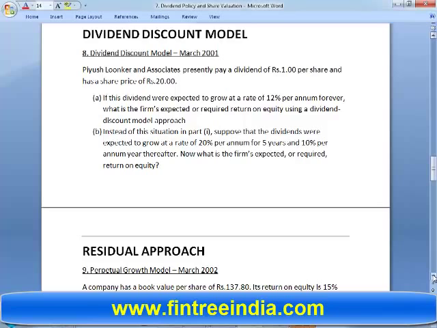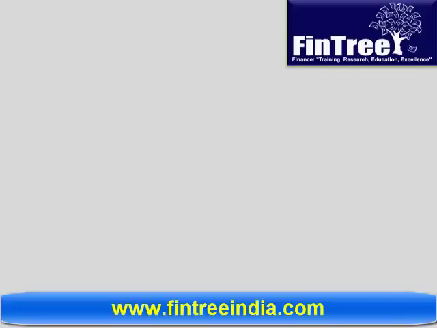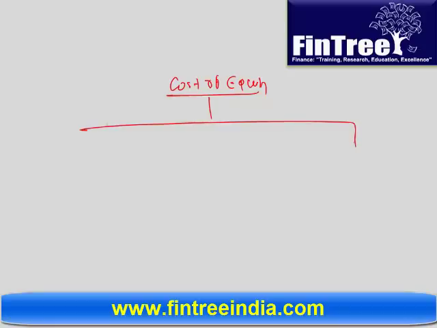So, in case you don't know it, we can rewrite them again. Before this question, you can write down different formulas for cost of equity. There are three ways in which we can derive cost of equity. Number one is CAPM, number two is dividend discount model, and number three is bond yield plus risk premium.